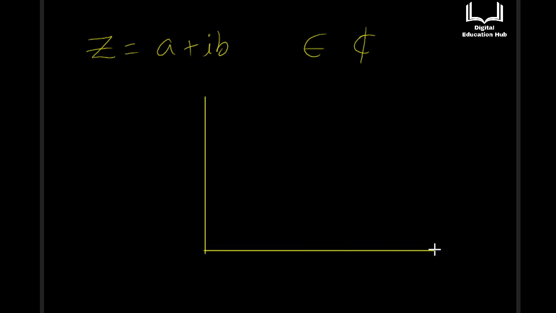So we have this complex number, and here we have the x-axis and this is y.